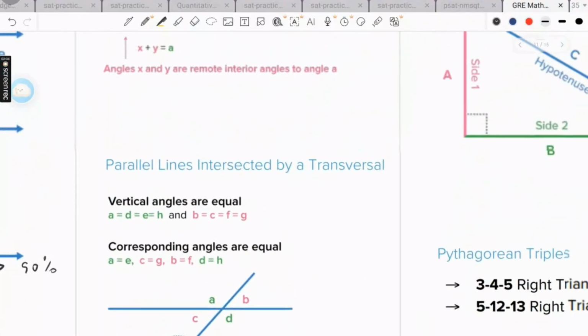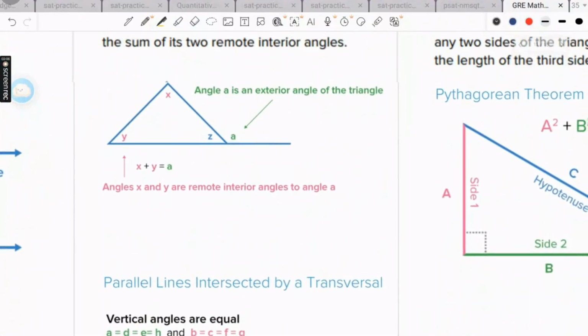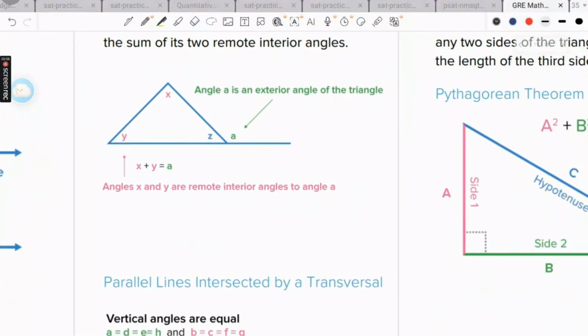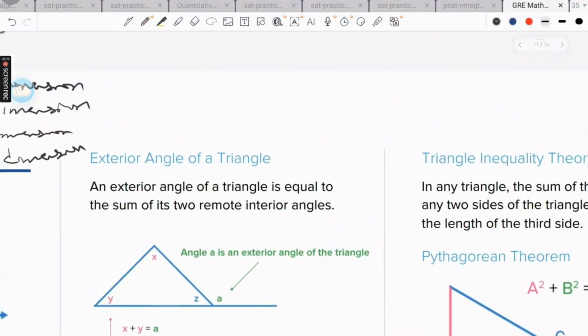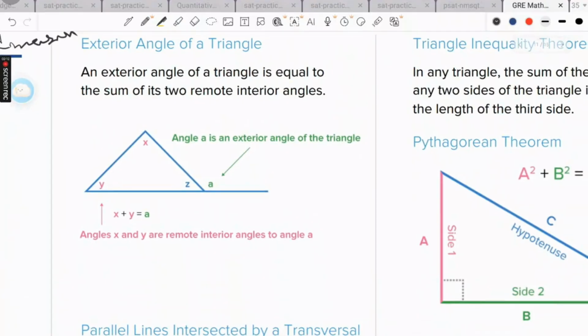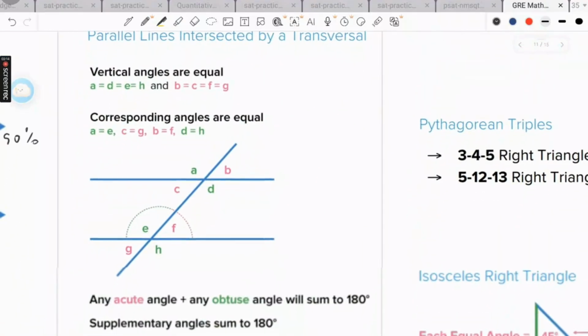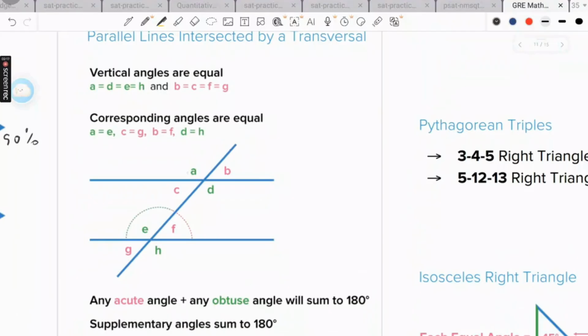We now move to this. Because we are using this note the way it is, it would have been better if we tried here first. Let's look at this. A equals D, B equals C, E equals H, F equals G. Finally, if these two lines are parallel, let's say line M is parallel to line N, then A equals E. We call it corresponding angles.